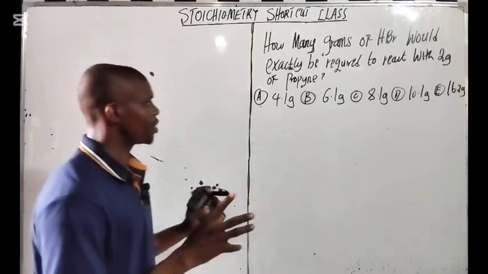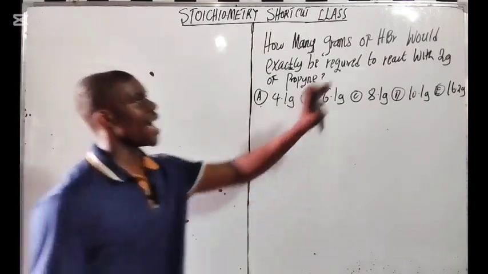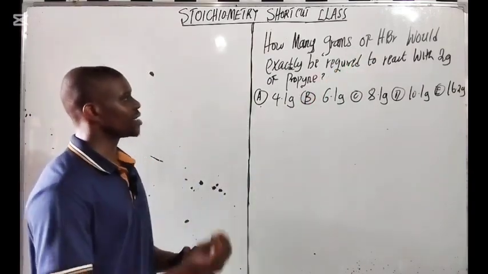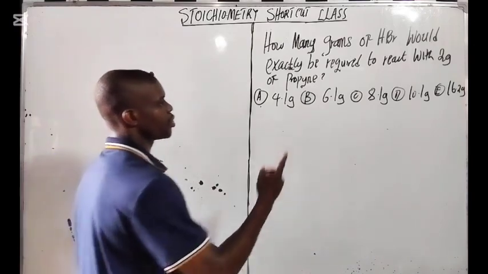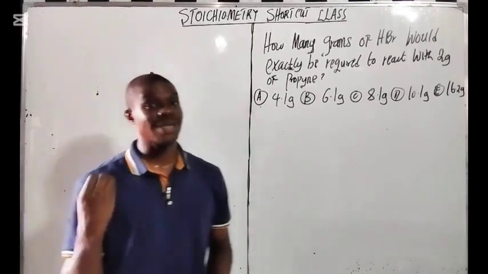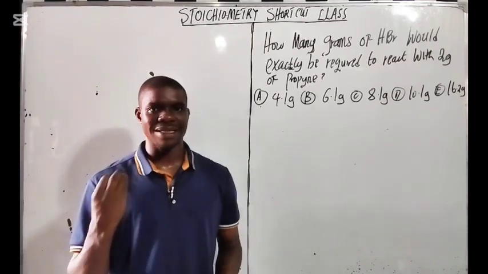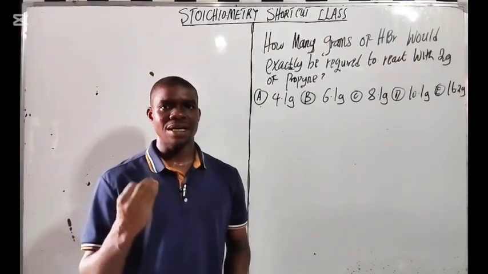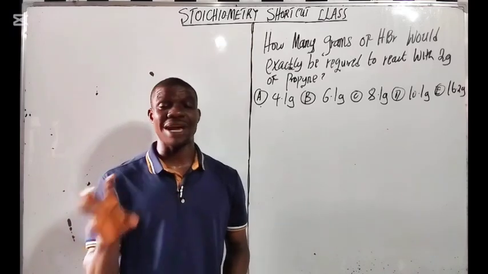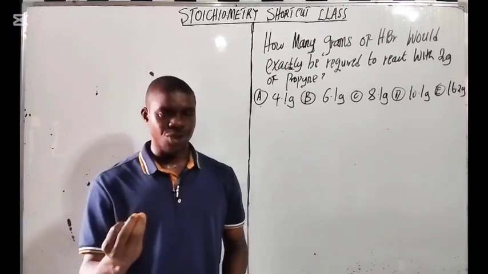So look at what this question is. How many grams of HBr, hydrogen bromide, would exactly be required to react with 2 grams of propane, right? So for any stoichiometry calculation, you have to write a well-balanced chemical equation. Do you understand? Sometimes in a question, the balanced equation will be given to you, but sometimes it will not be given to you.